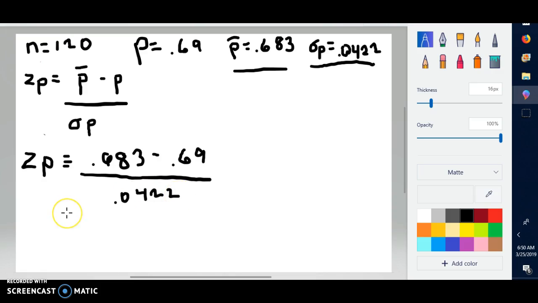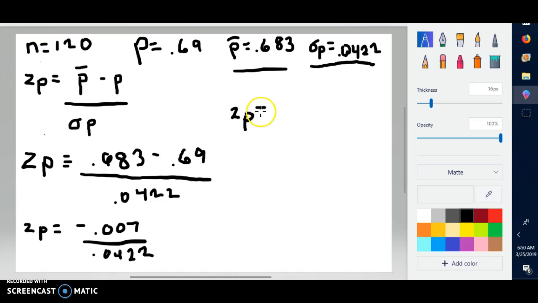And if you subtract 0.683 minus 0.69 in your calculator, you will get negative 0.007 divided by 0.0422. And when you divide that, you're going to get a long decimal.